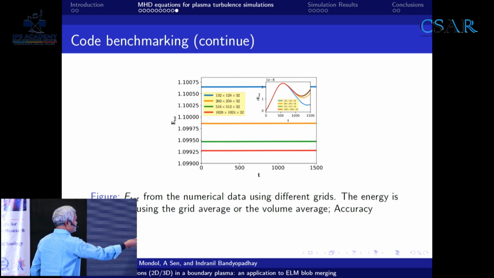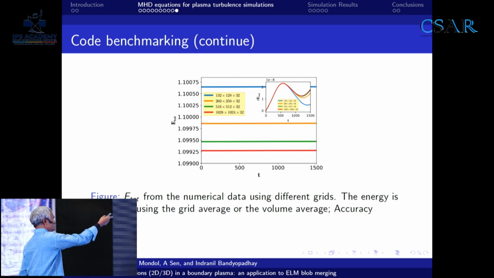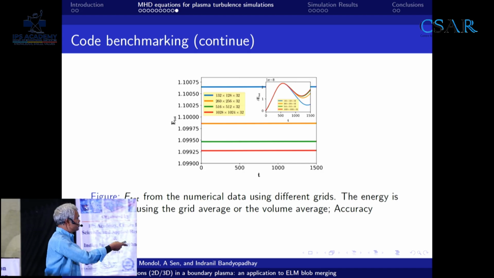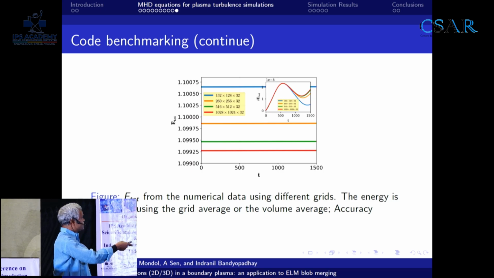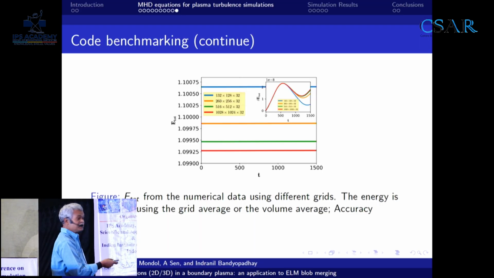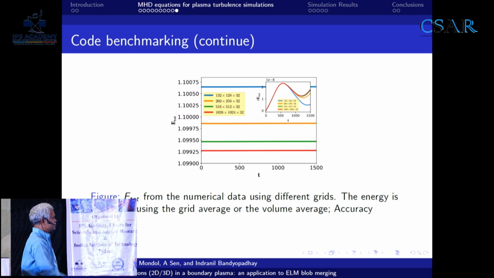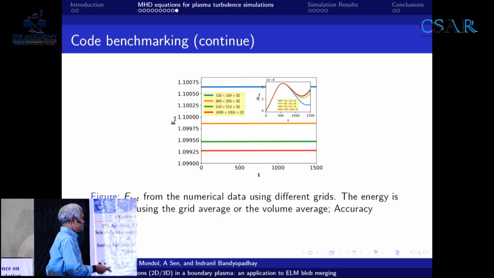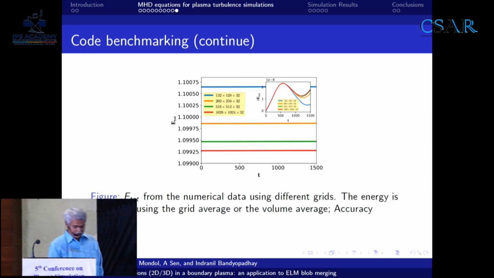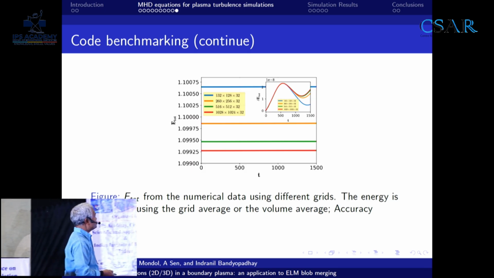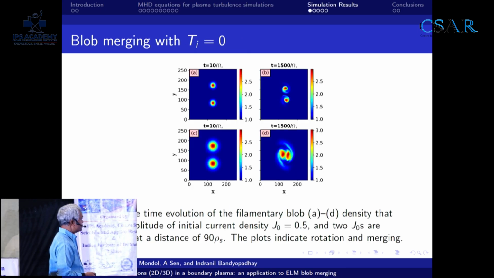The horizontal lines correspond to different grid resolutions we have taken, this is 3D. Then it is a perfectly straight line. That means conservation is there with time. Time is around 1500 gyro time. The accuracy is 10 to the power minus 8. So this establishes that the code is doing correctly.